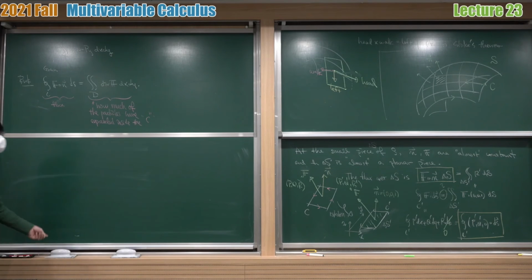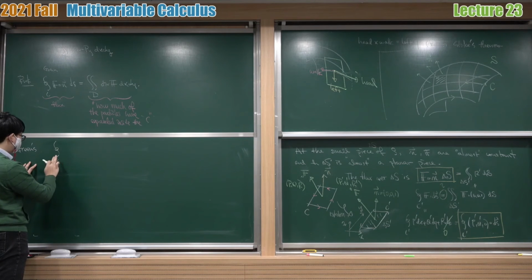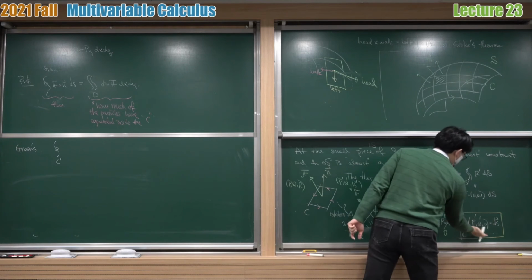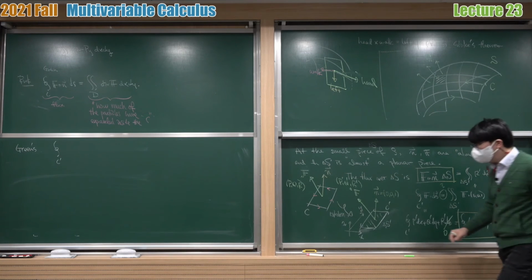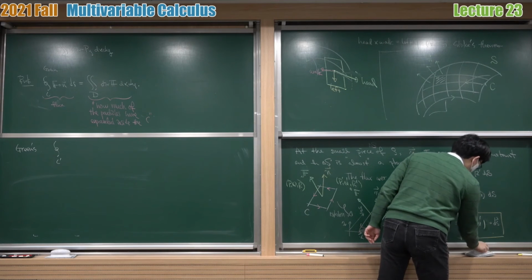And now let's look at Green's theorem, okay? All right, so in Green's theorem, it says that if I have that integration here, although it's a three-dimensional vector integration, it is equal to the line integral of a two-dimensional vector field because there's no z component at all.